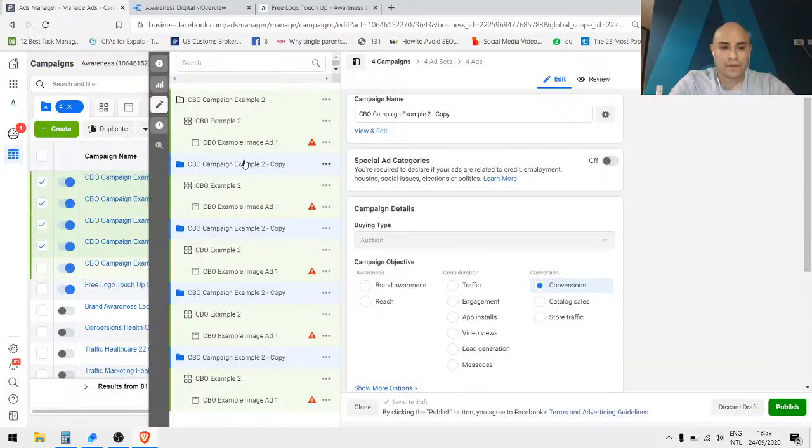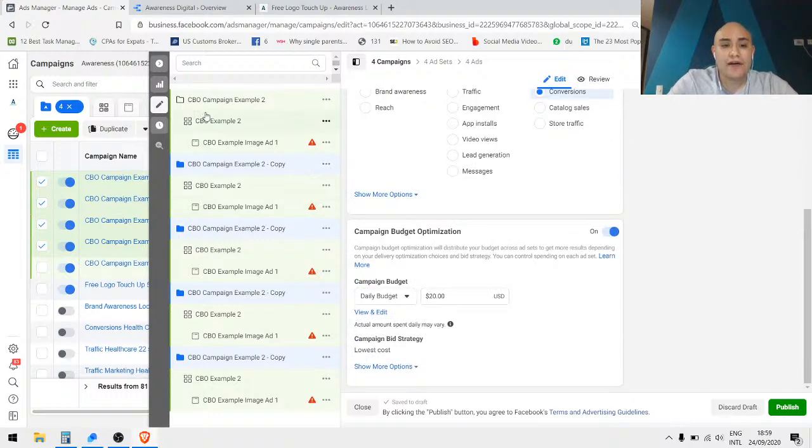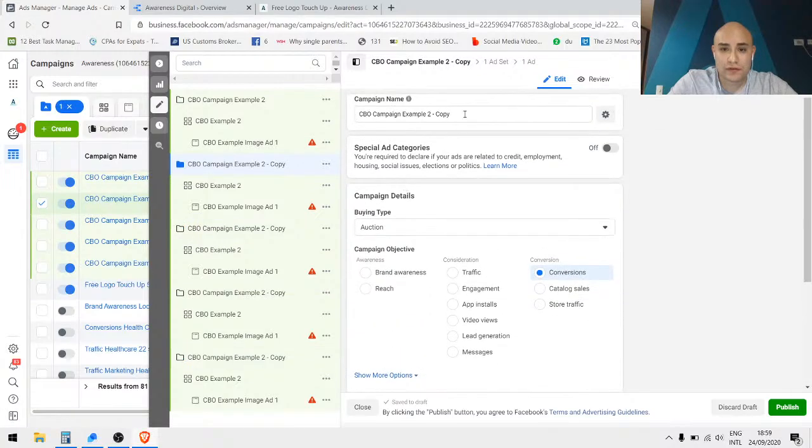There we go. Okay. Sorry if there's some noise. So here we go. So we have these different ad sets, and I'm going to give them names. Example audience 2.